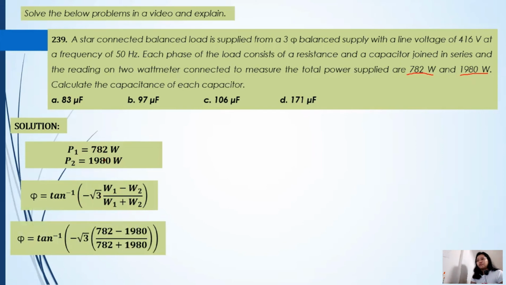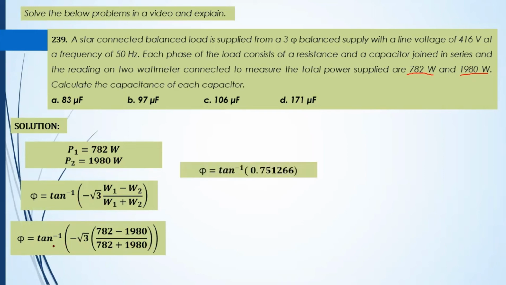So we have 782 minus 1,980 all over the sum of 782 plus 1,980, times the negative square root of 3. Then we will be solving for the arctan. So the phi is arctan of 0.751266. So our phi is 36.9163 degrees. So that is the phi.